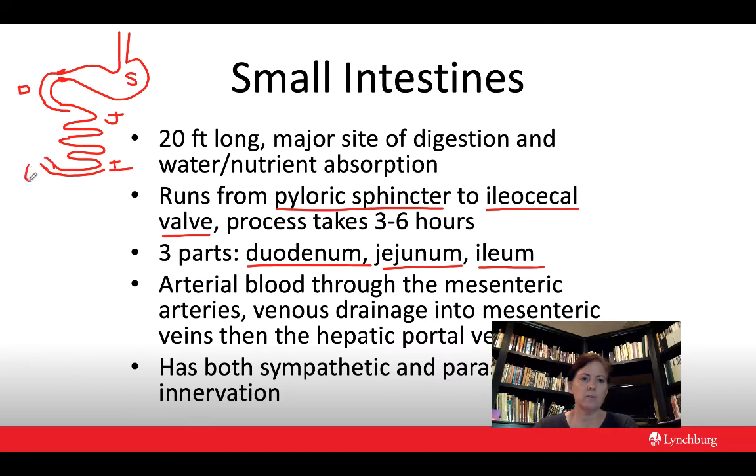And so here we would start kind of large intestines coming up and around and down the other side, and we'll talk about that a little bit more, but this connection right here is the location of our second valve. And so this is going to be our ileocecal valve, signifying the end of the small intestines.